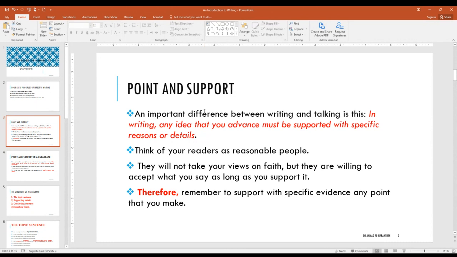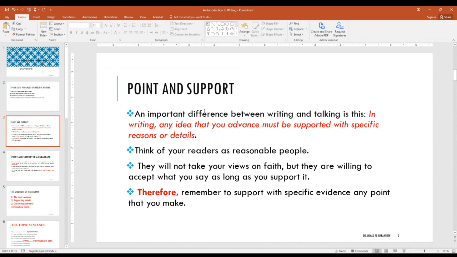And the surprise will be, after finishing your piece of writing, oh my God, why did you use this kind of language? These are colloquial expressions. You are not allowed to use them. You are writing for academic purposes, so your language should be academic. You should stay away from slang.